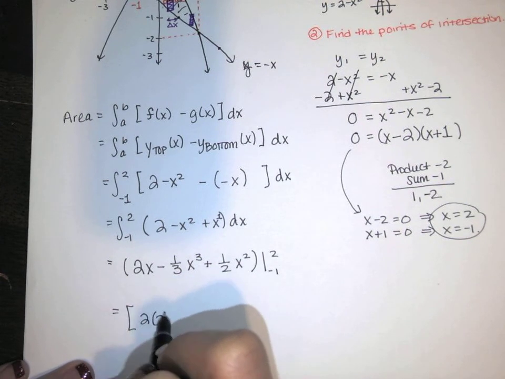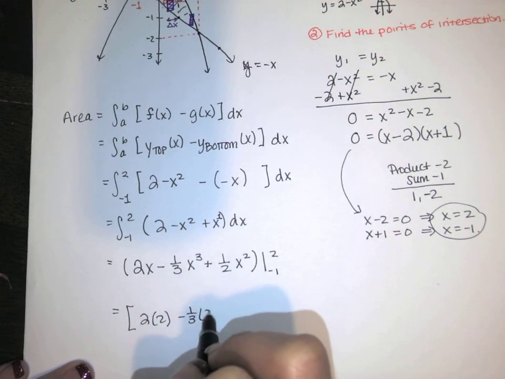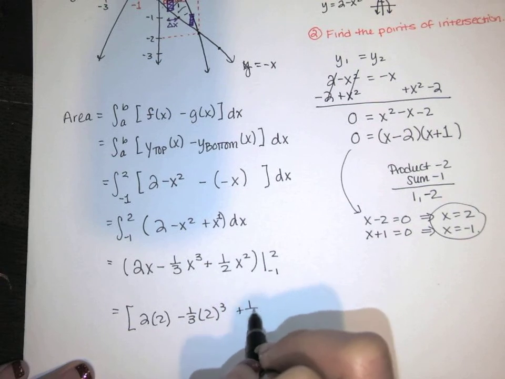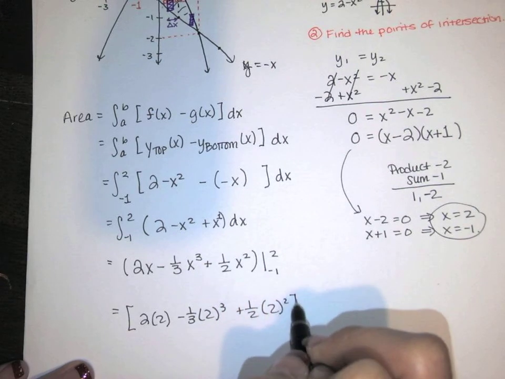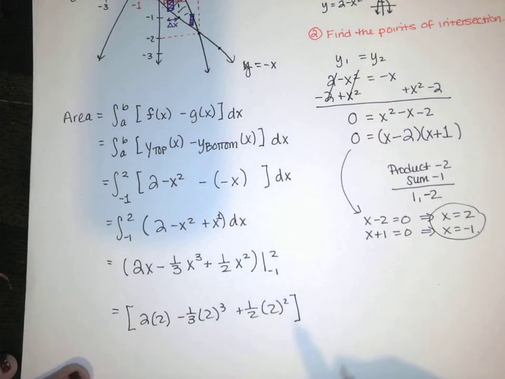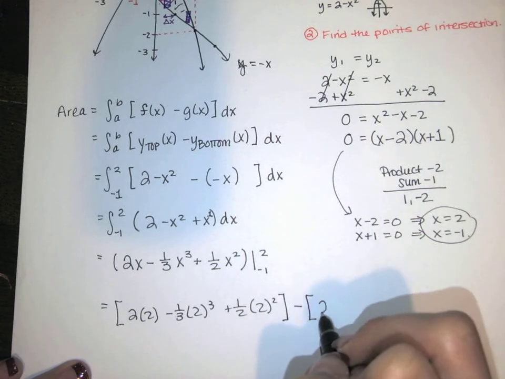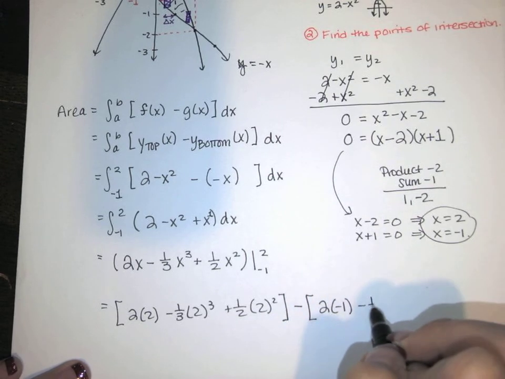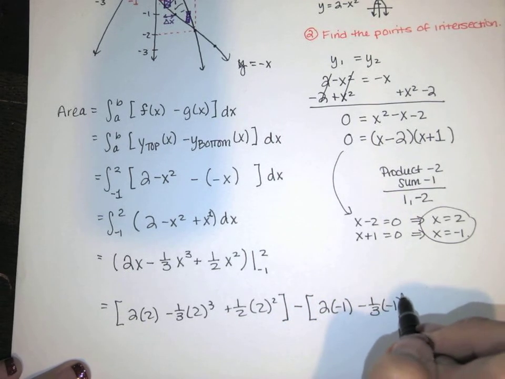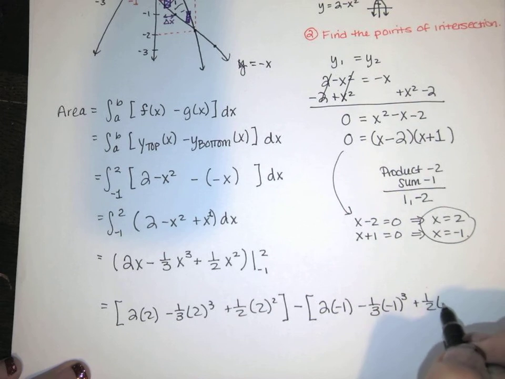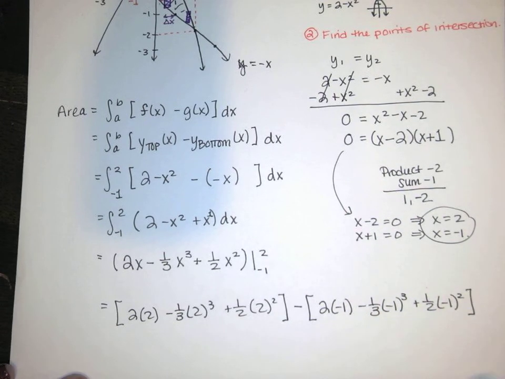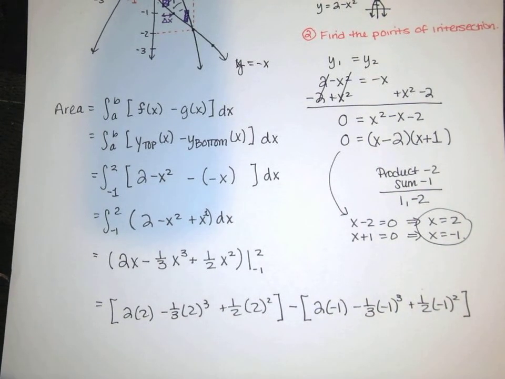So we get 2 times 2 minus 1/3 of 2 cubed plus 1/2 times 2 squared. That's f of 2. And then we're subtracting 2 times -1 minus 1/3 times -1 cubed plus 1/2 times -1 squared. That's our answer, it's just not simplified.